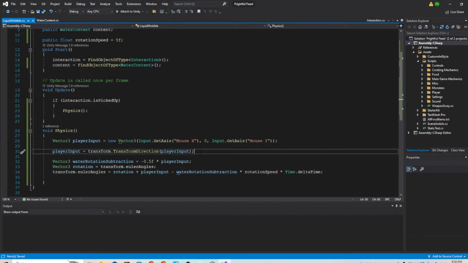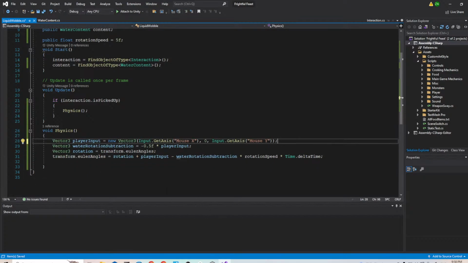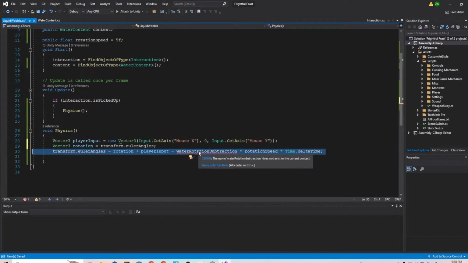Maybe not, then. Okay. I'm going to get rid of that for now. Hang on. Time of the rotation. Now, how do I make it decrease?